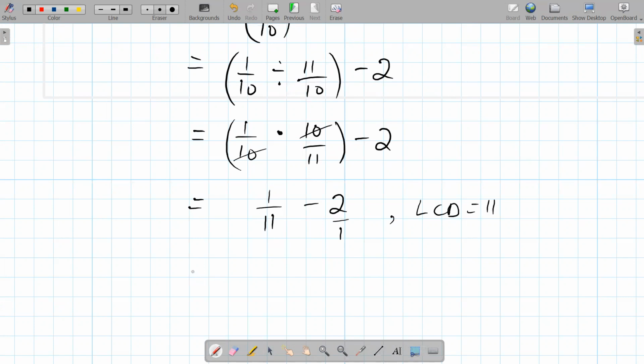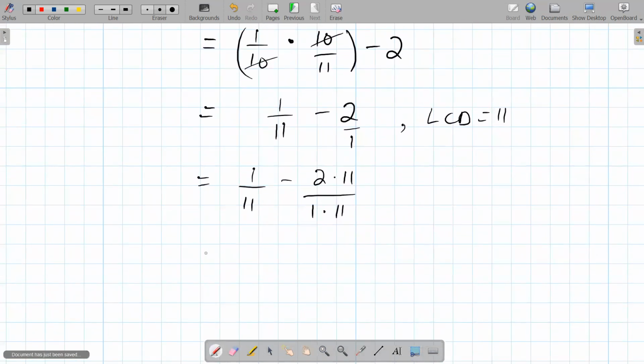So what I need will be to change the 1 to 11, because it's already 11. I hold that the same. So it's going to be 2 times 11, and then 1 times 11, just so that I will have the same denominators. So 1 over 11 minus 2 times 11 is 22, all over 11.